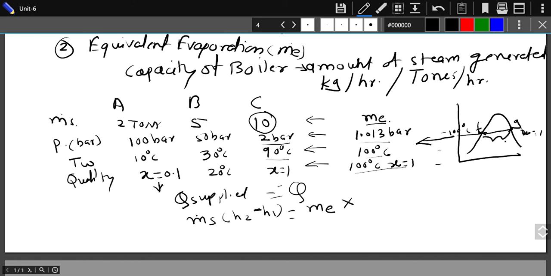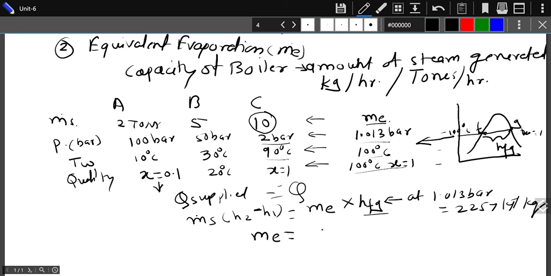Then whatever heat is supplied is nothing but h_fg. So h_fg at 100 degrees centigrade is the amount of heat supplied here, at 1.013 bar, and this can be seen from the steam table. The value of this h_fg comes to 2257 kilojoule per kg.